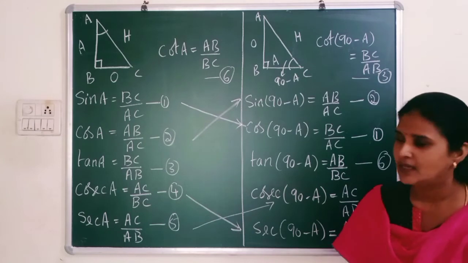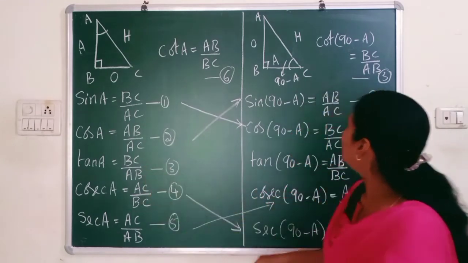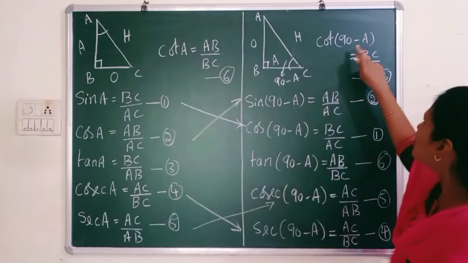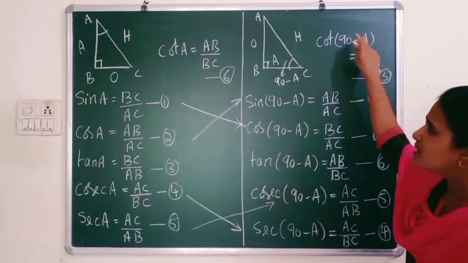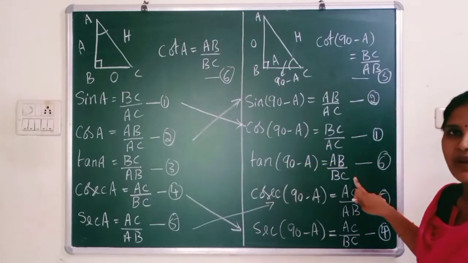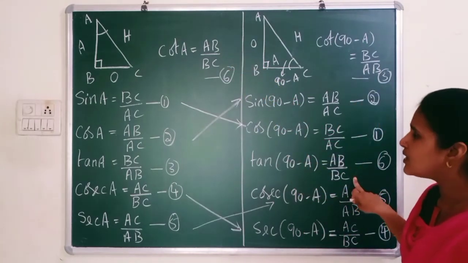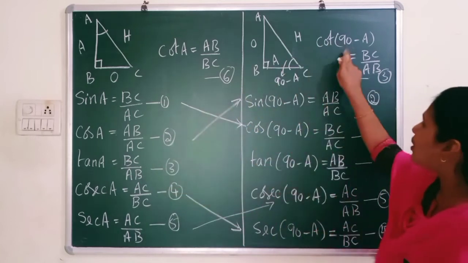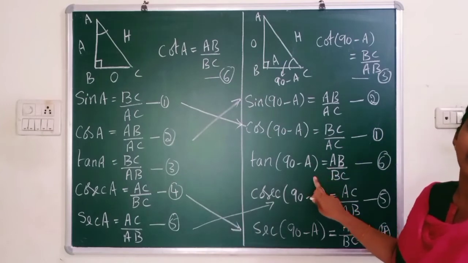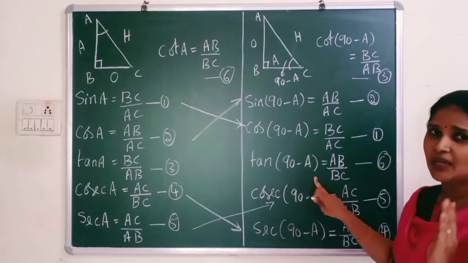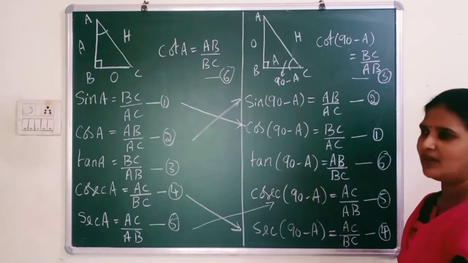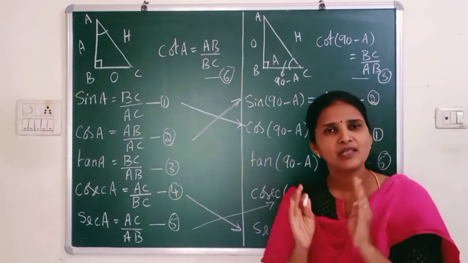Then what about the third? Tan A, you can see BC by AB, and here you can see BC by AB. So tan A equals cot 90 minus A. Similarly, cot A you can see AB by BC, and here you can see AB by BC. So what is the third conclusion? Tan A equals cot 90 minus A, cot A equals tan 90 minus A. One thing you can observe, in the case of reciprocal or complementary, tan and cot are always together.